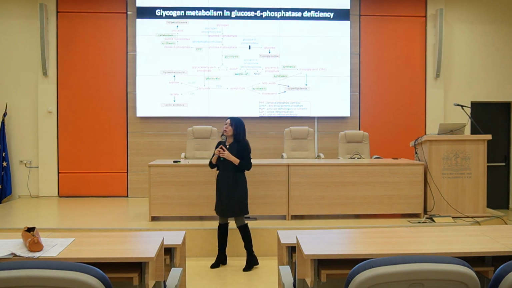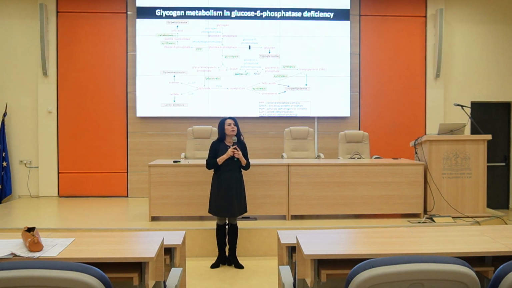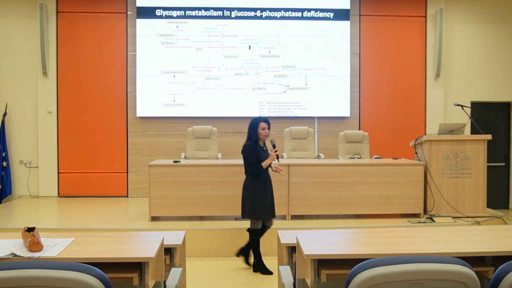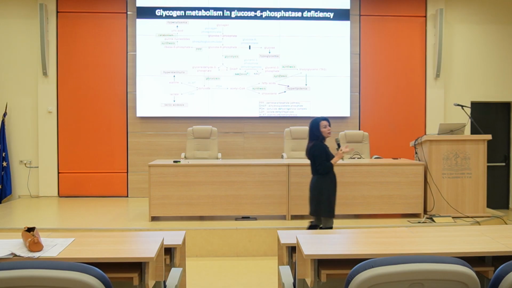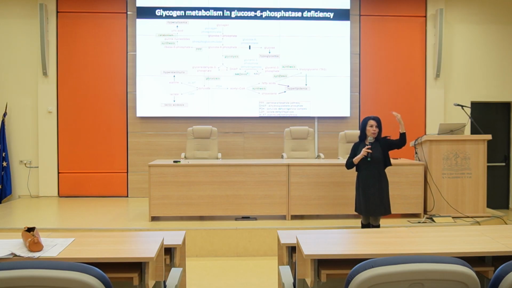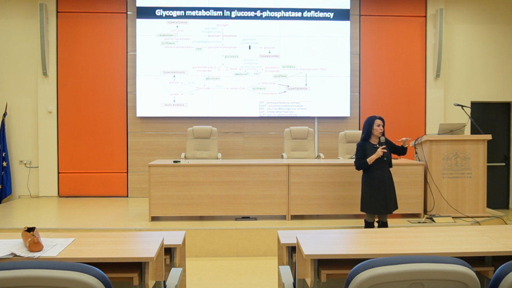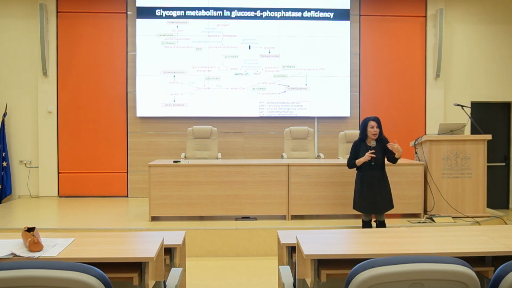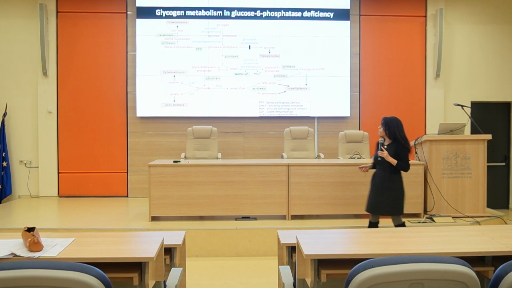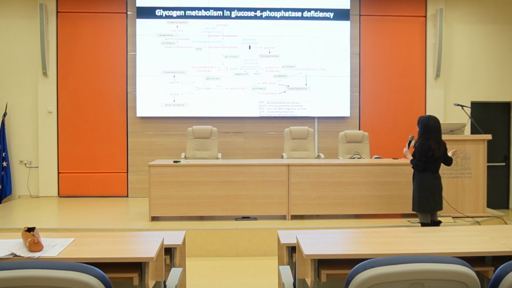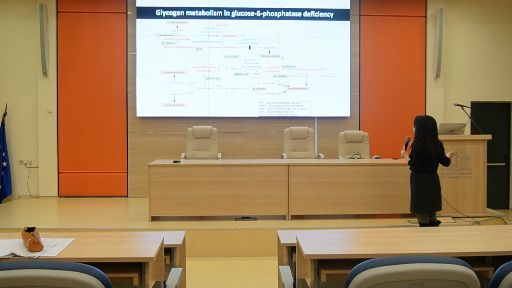We rely on this enzyme of glycogenolysis, especially early in the morning. Why? Because of the night. In the morning we don't have any glucose in the blood because we don't eat during the night. That's why we rely on this enzyme early in the morning, because this is the end of liver glycogenolysis. And this is the explanation for the first symptom, hypoglycemia.